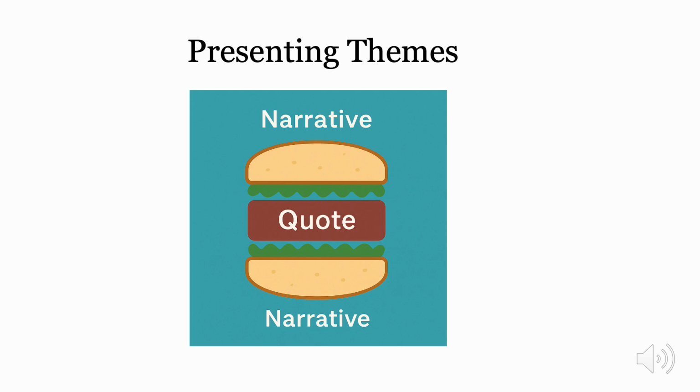The middle layers are your evidence, including participant quotes and descriptive reporting that show how the theme appears in the data. The bottom layer is your narrative voice, which summarizes the theme, holds everything together, and helps the reader follow the story. If any of these layers is missing, the theme feels incomplete.